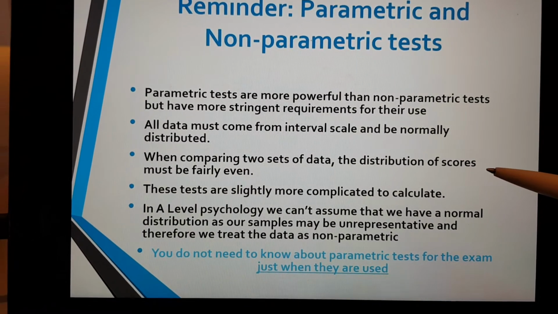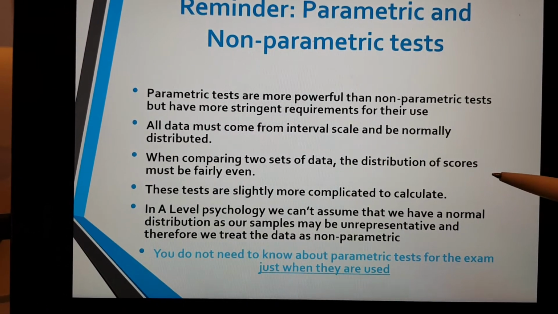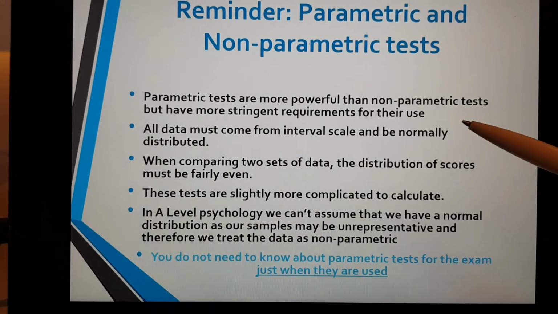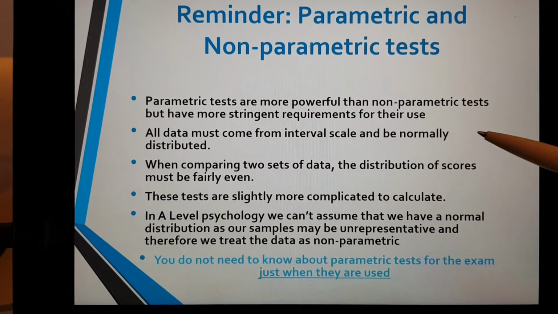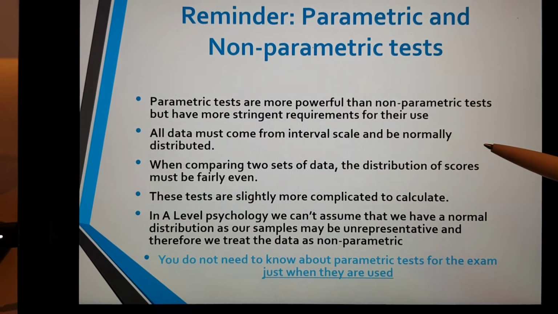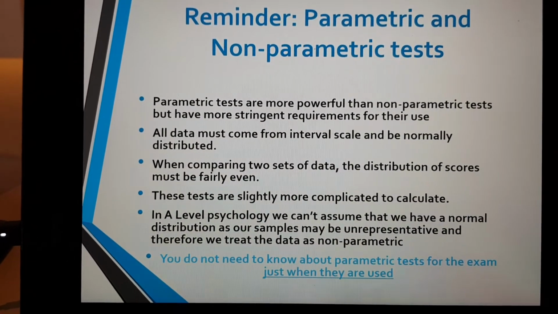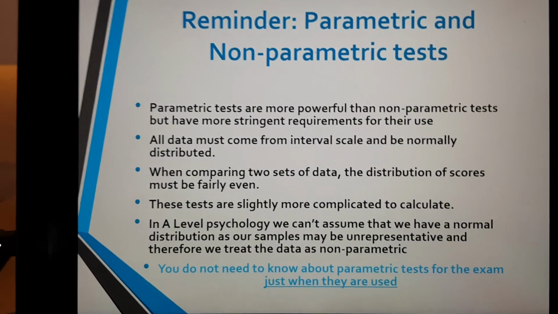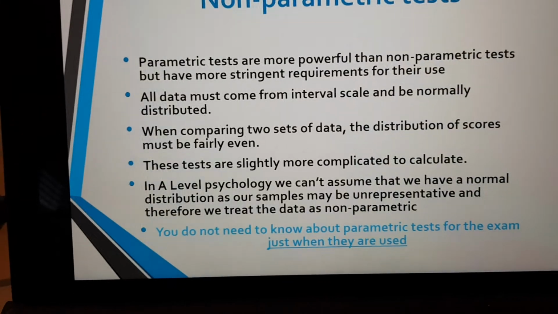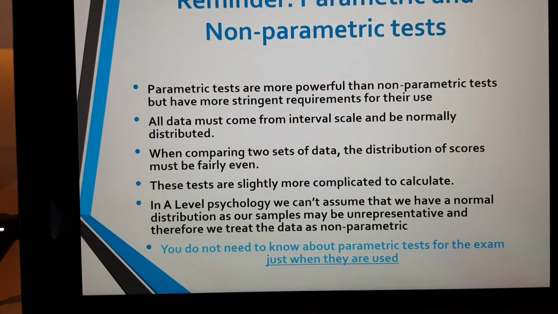So those are the main reasons. We can't assume that we've got a normal distribution, and we can't assume we're working with an interval scale. So if we don't meet those 2 criteria, then we have to use the non-parametric tests that we've looked at, which assume that you haven't got a normal distribution and you can calculate them with more than just interval data.